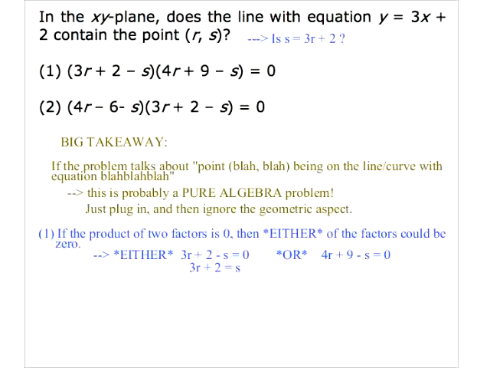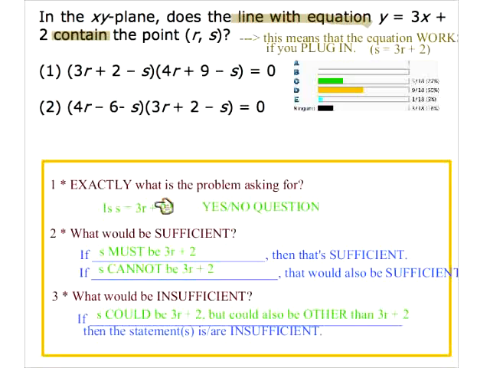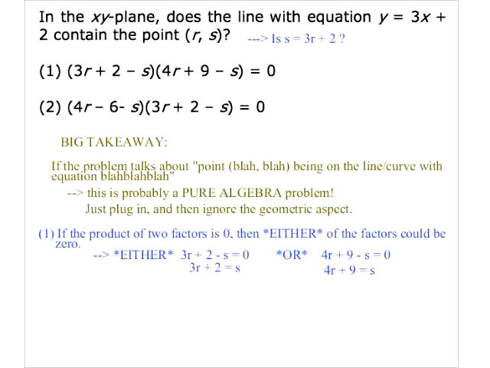But this is 4R plus 9 equals S. Now remember what the question is. The question is, is this true? So if 3R plus 2 equals S, then those points will all be yes to the question.